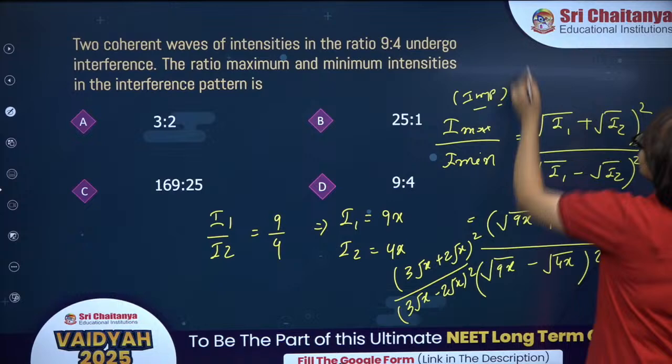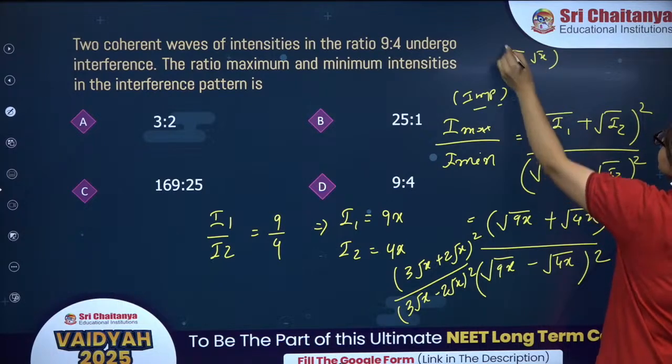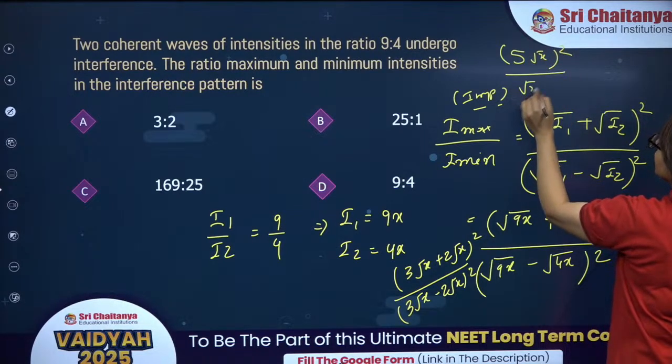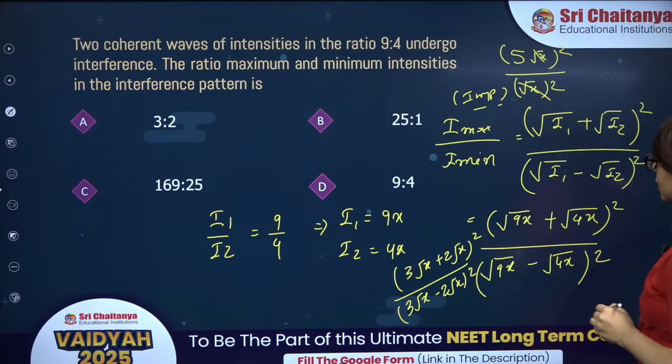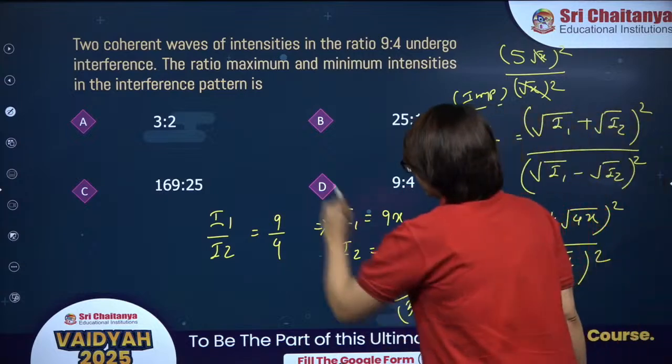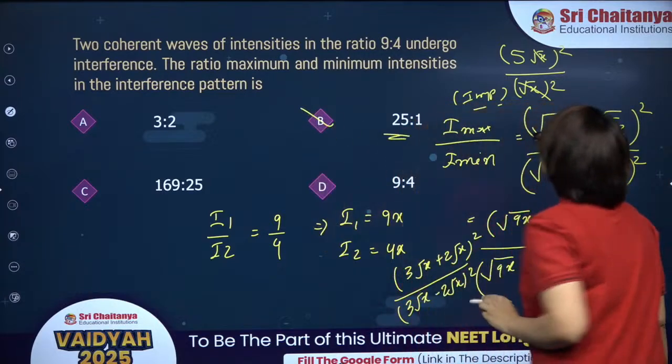So it will be 5 root x whole square divided by root x whole square. Cancel, cancel. So it will be 25:1. So correct answer is option B.